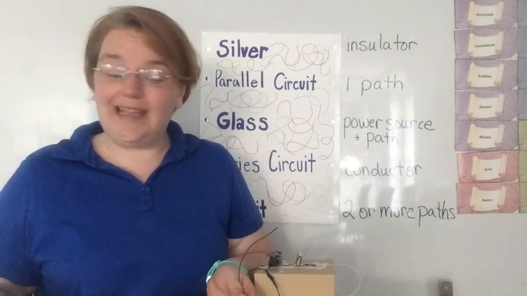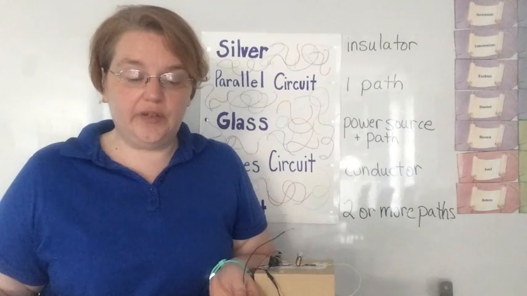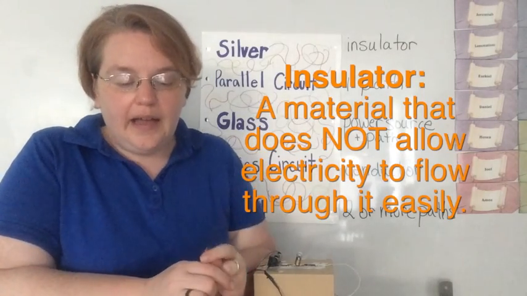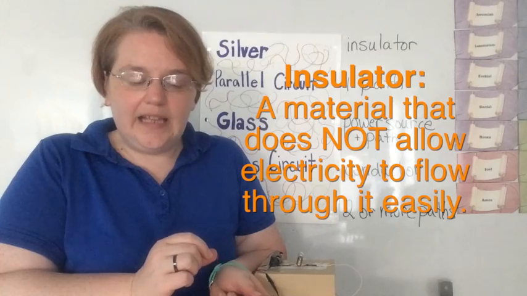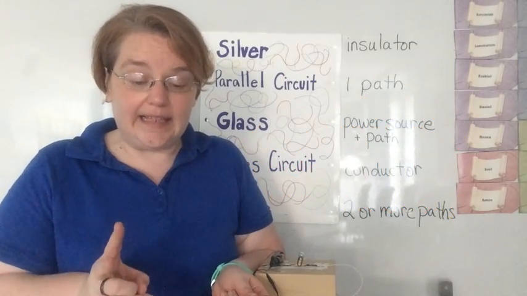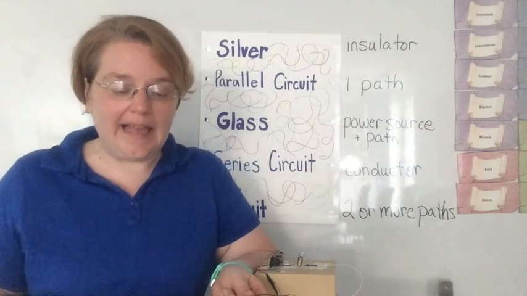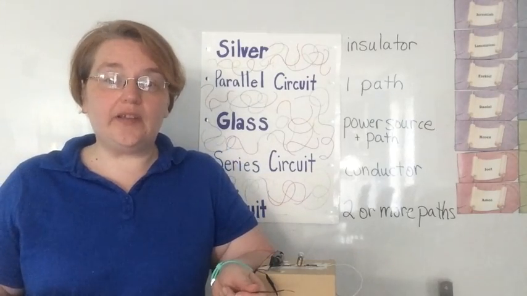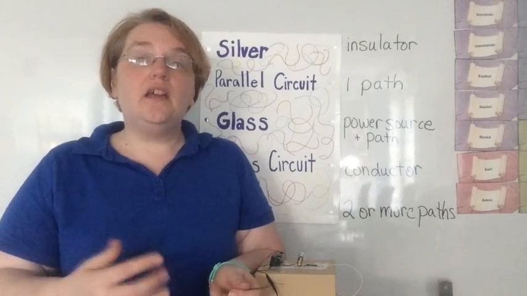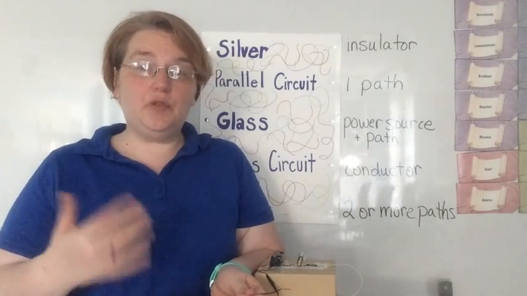Sometimes, though, electricity cannot flow through a material. An insulator, which is our word up here, is a material that does not allow electricity to flow through it easily. Wood, glass, rubber, fiberglass, and plastic are all good insulators. Electricity cannot move through these things.